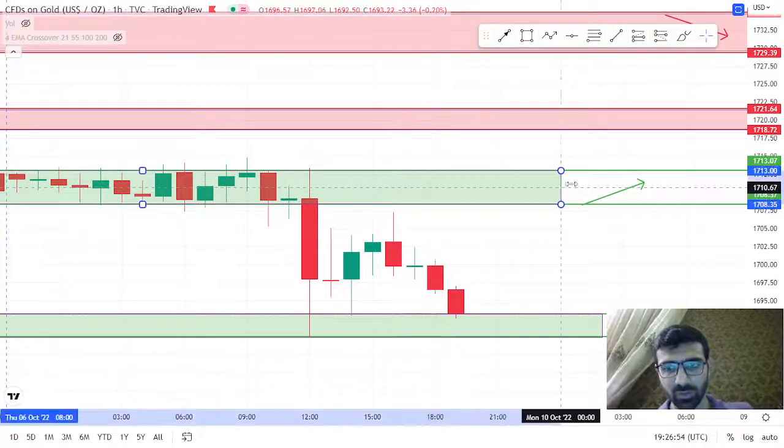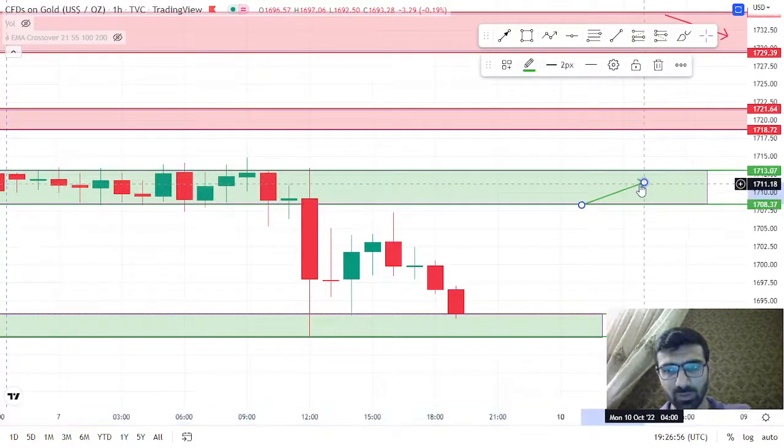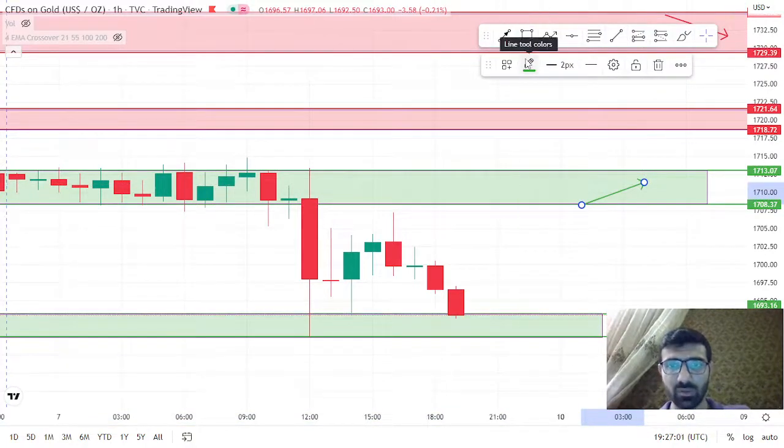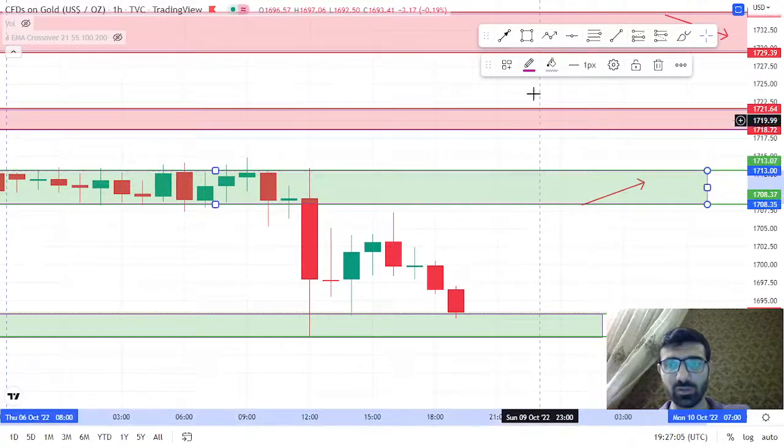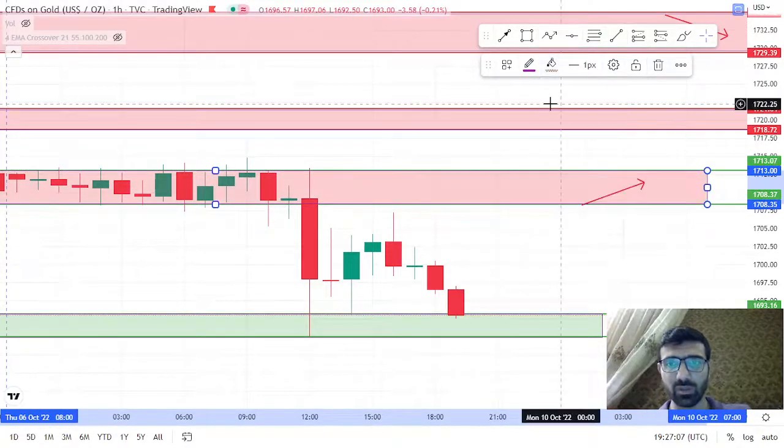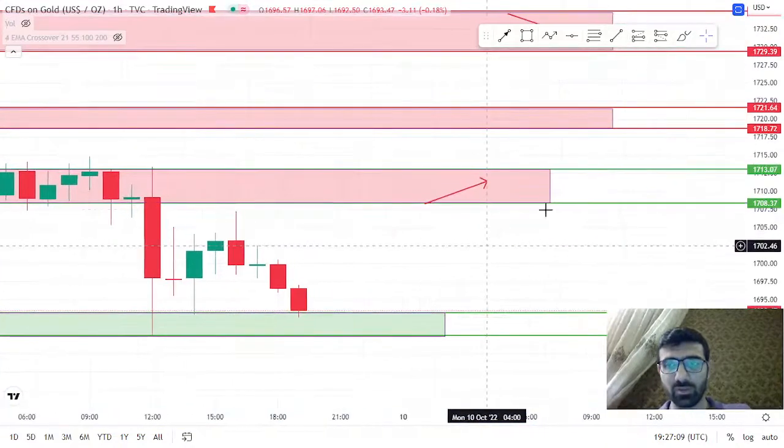Okay, so this arrow is now going to get converted into a red color, and this whole thing is also going to be converted into a red color.